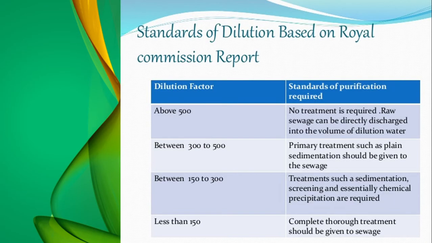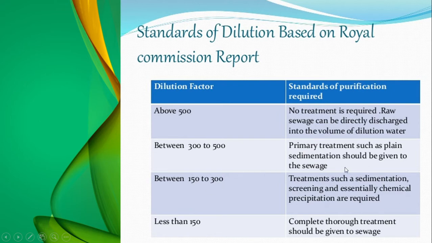The table shows the standards of dilution based on Royal Commission report. It says that if dilution factor is above 500, no treatment is required for the sewage. That is, raw sewage can be disposed of directly. If the dilution factor is between 300 to 500, only after primary treatment we can dispose the sewage.